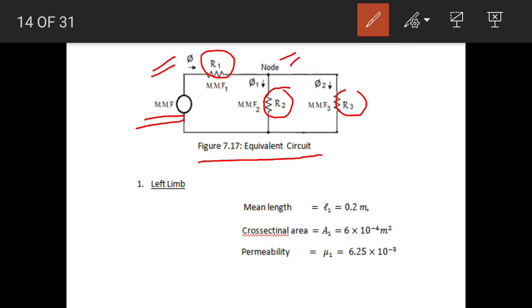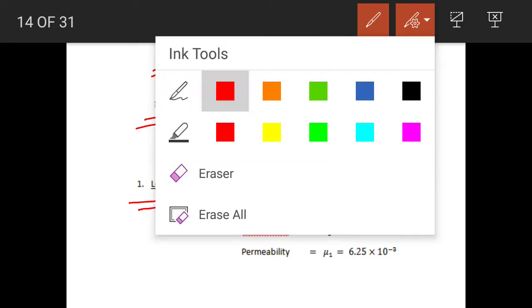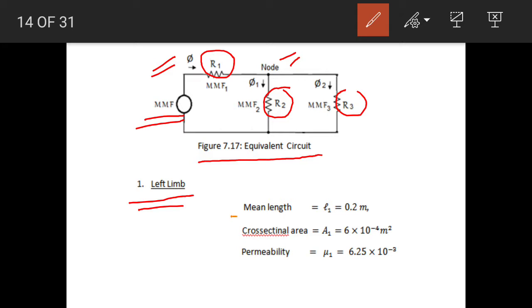So let us consider the characteristics of the left limb of this magnetic circuit. The mean length of the left limb is 0.2 meter. The cross-sectional area is 6 into 10 raised to power minus 4 square meter, and the permeability is 6.24 into 10 raised to power minus 2.